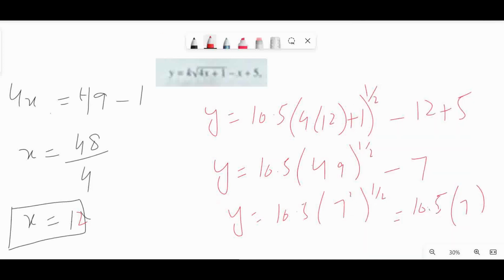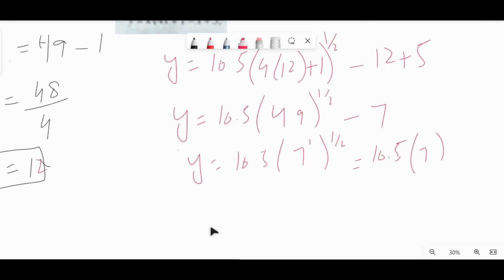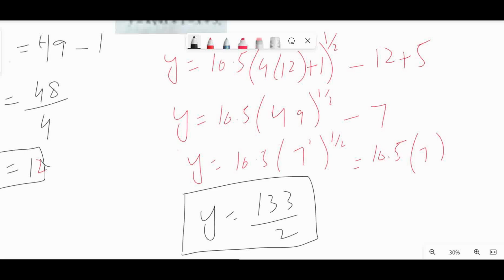So the corresponding value of y will be equal to 133 by 2.